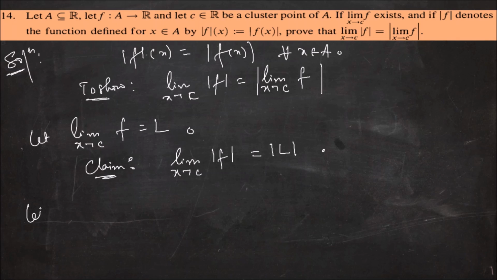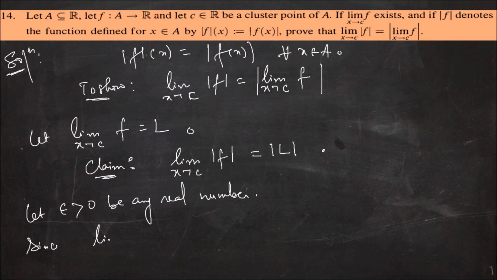So let epsilon greater than 0 be any real number. Then we have to find some delta such that mod f minus mod L is less than epsilon whenever 0 is less than mod x minus c less than delta.